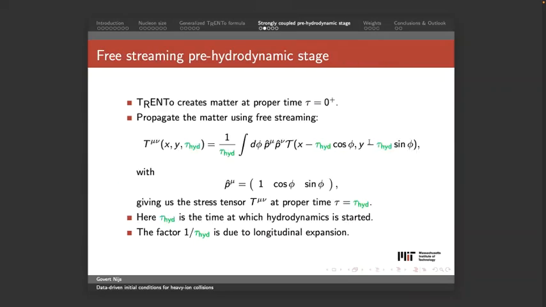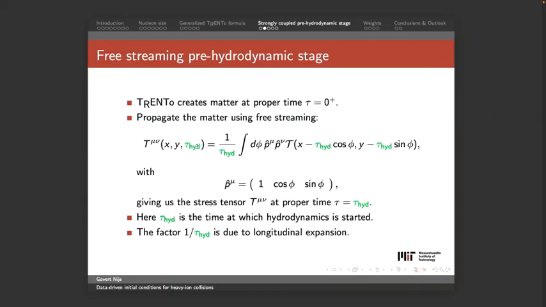Let me first explain how free streaming works. You have your Trento, which creates your matter at a proper time tau 0 plus, and that's given by this generalized thickness function. Then you can do this free streaming analytically: you just compute this integral over the past light cone of the point at time tau hydro where you want to initialize your plasma.